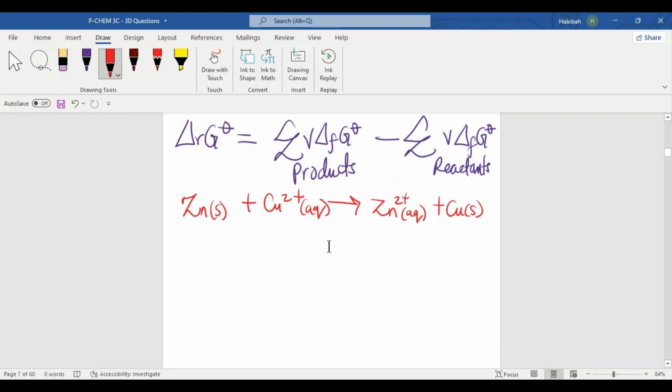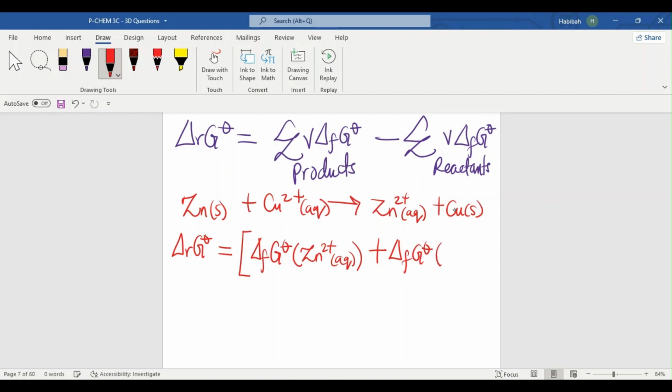I'm going to be organizing this particular reaction based on the general formula I just taught you. So the Gibbs energy of reaction is going to be focusing on the products first. You have the Gibbs energy of formation for the products: the first product, Zn2+ aqueous, plus, don't forget we have a summation, the Gibbs energy of formation for the second product, which is Cu solid.